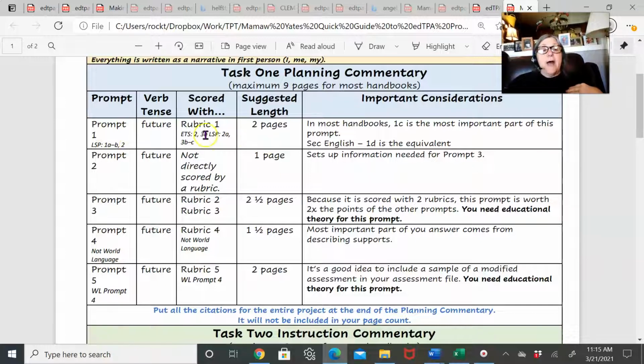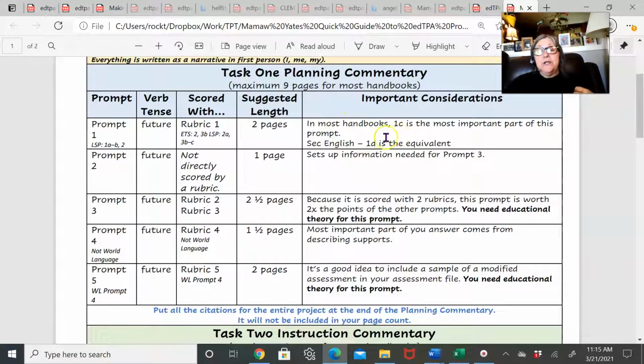Well, that first prompt is really important because it sets up your entire learning segment. 1C is the most important part of that prompt. That's the one that has the most significance for rubric 1.